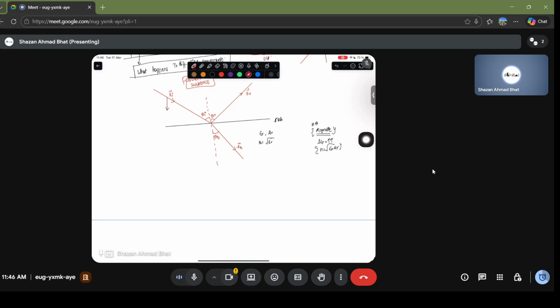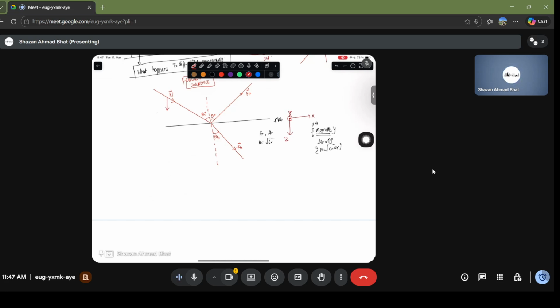Let's say the coordinate system is something like this: this is the z direction and this is the x direction, and the y direction is going something like inside it. It's showing the thickness or the width of the slab. So z is basically the thickness direction of the slab, and x is basically the spatial in-plane direction, or the width of this particular slab. y will be the length of this particular slab.